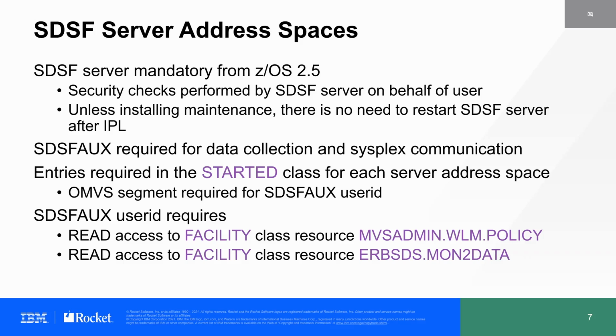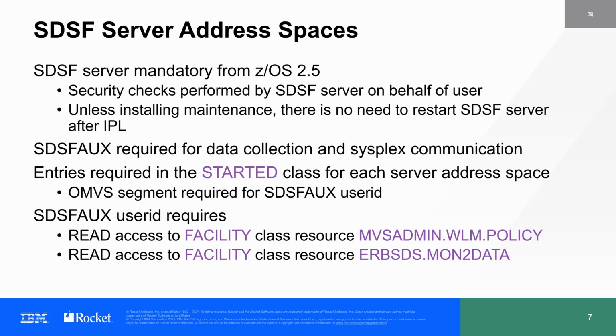We do use another address space called SDSF ORCS, and that is the one that does occasional data collection. We use it for sysplex communication as well. It can be stopped and started independently of the SDSF server address space. You can leave the SDSF server address space up, and you can just issue a modify command to SDSF to stop and start ORCS if you have to for whatever reason.